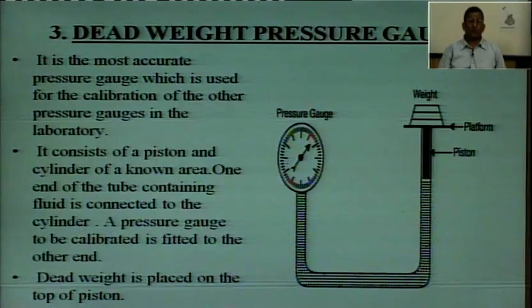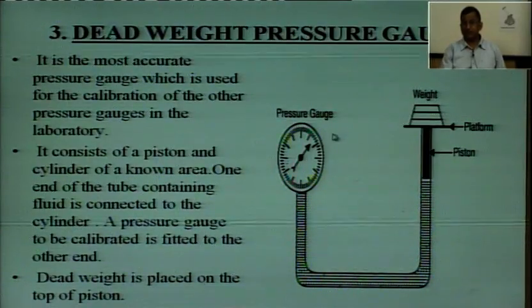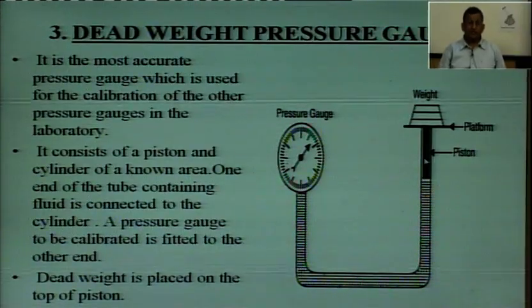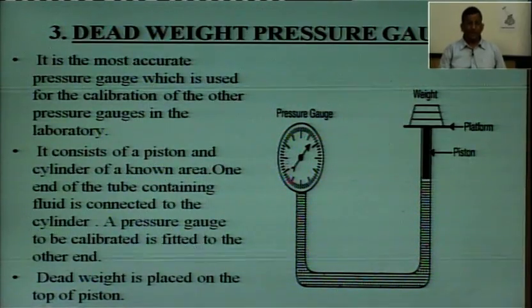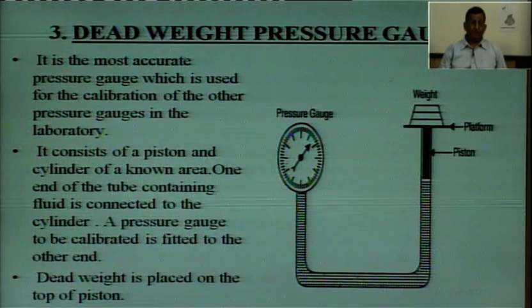It consists of a piston and cylinder. This one is a piston. This one is a cylinder. One end of the tube contains fluid.